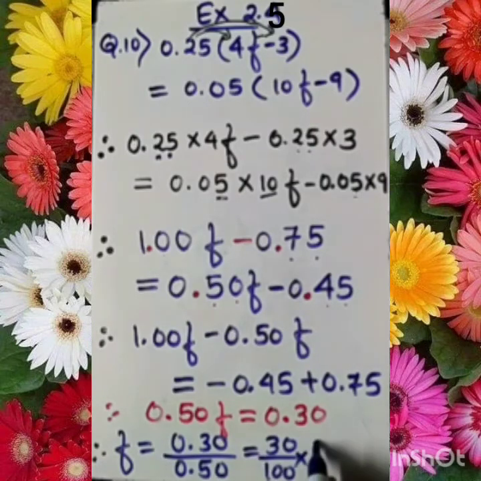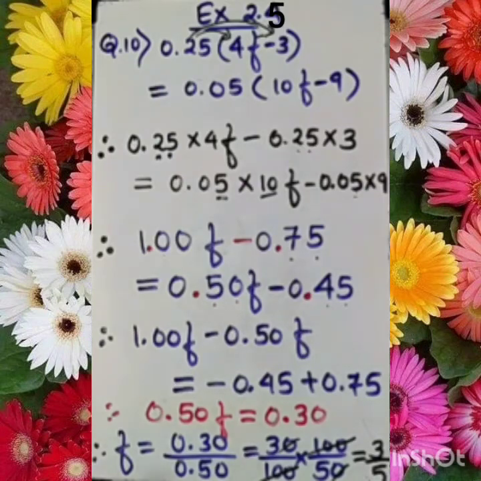If I remove this decimal, then I need to write 100 upon 50, because the decimal will come after removing the digits. I need to write 100 as a denominator here, and this is already in the denominator, so 100 I need to write in the numerator. This will be cancelled. Beside this, the 0 will be cancelled. So what is left? It is 3/5. So my dear student, the value of F will be 3/5.